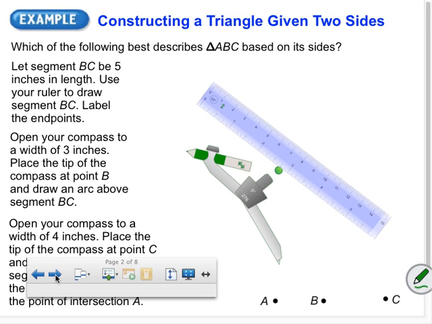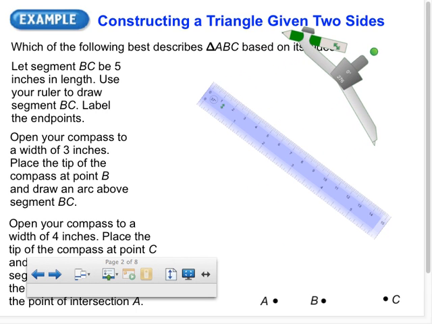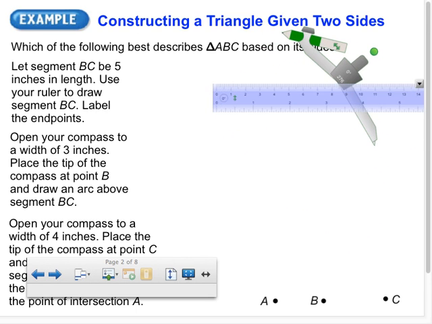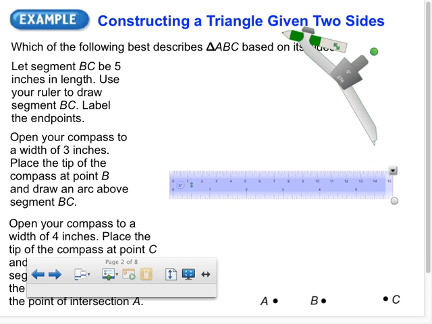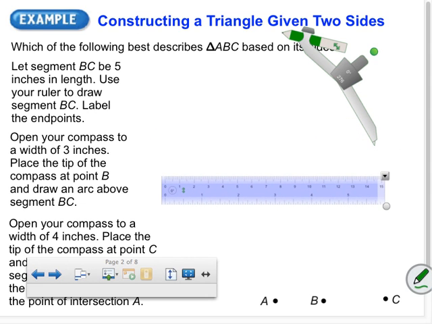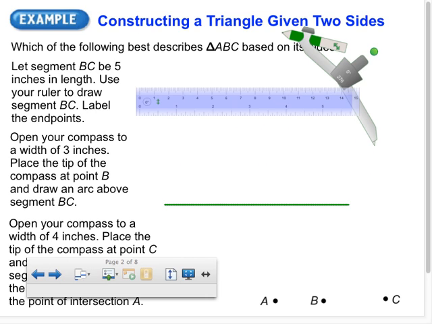Once you have that, I'll go ahead and do this on the smart board. Using the virtual tools, that's about 5 inches using my ruler.